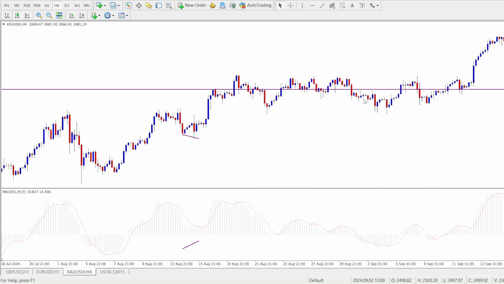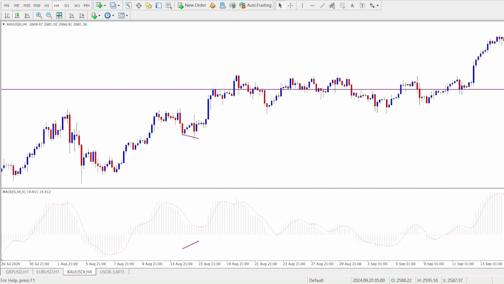Okay, so how do you use hidden divergences? For bullish hidden divergences, you need to enter a buy position where the MACD line crosses above the zero line. So when you notice the MACD line crosses above the zero line after the divergence has formed, it's a good opportunity to enter a buy. For a bearish hidden divergence, you wait for the MACD line to cross below the zero line and then you enter a short trade.